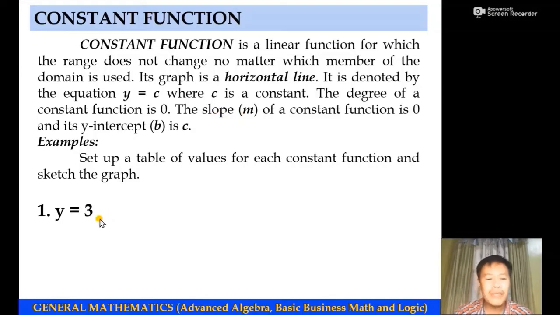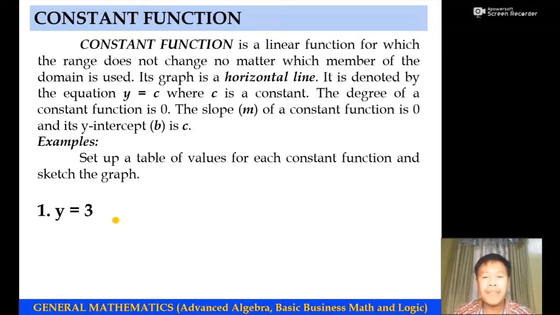Now, what is the meaning of a line with a slope 0? This line is a horizontal line. Now, what is the perfect example of a horizontal line? It is a line that is parallel with the sea level.